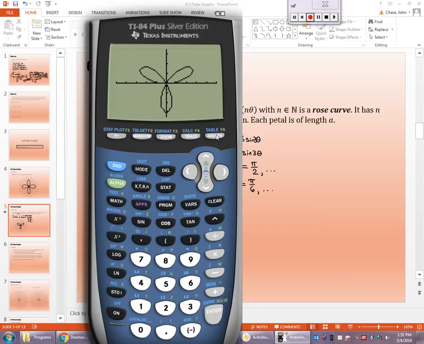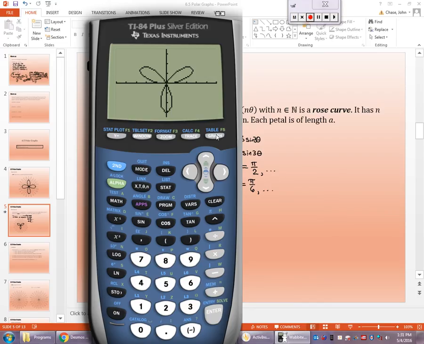And this one is generated at 5 pi over 6. Plug it in. Times 3 is 5 pi over 2, which is what? It's just coterminal with pi over 2 again.